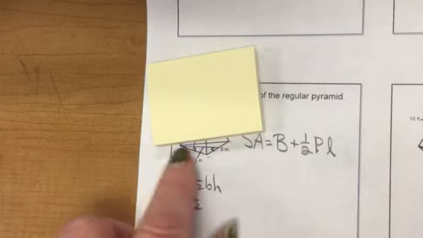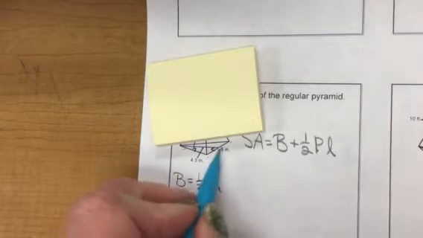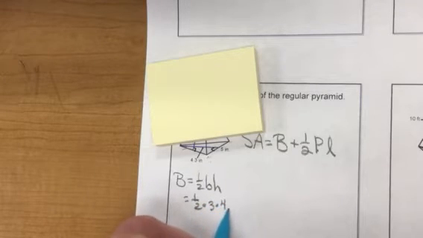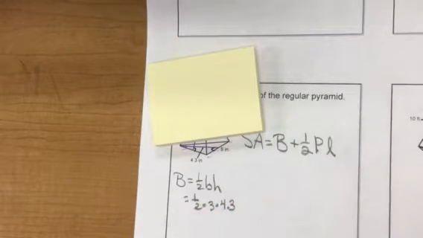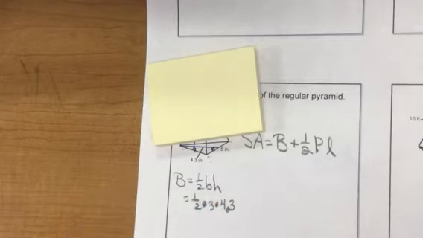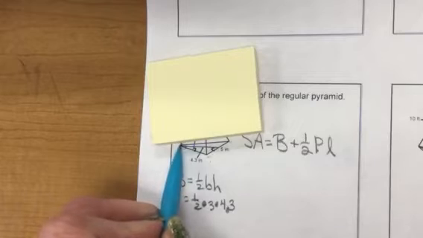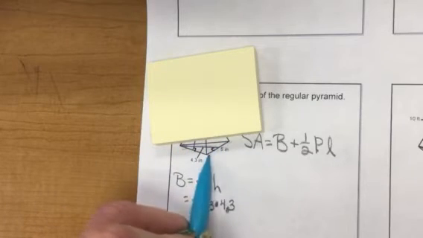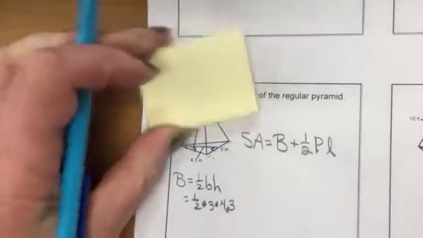If I want the area of that triangle, it's base times height. My base is 3, my height is 4 3/10. Because that's this height from the vertex perpendicular to this base side.